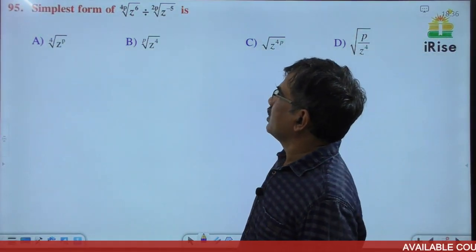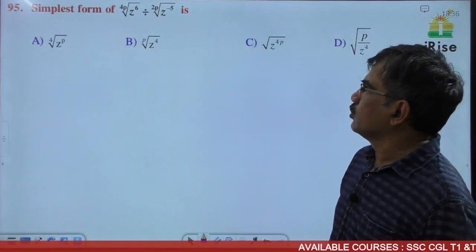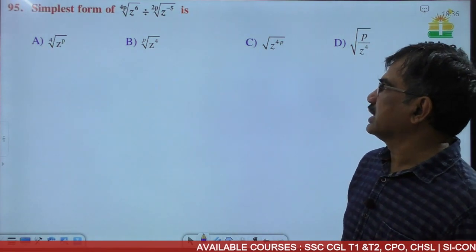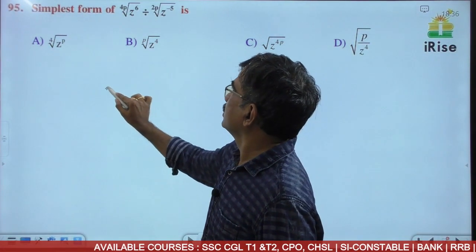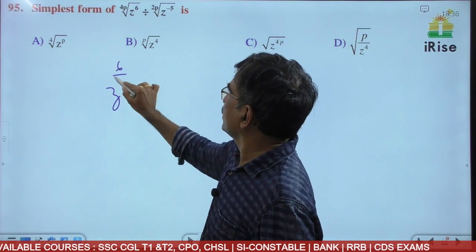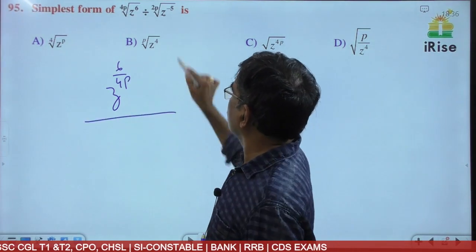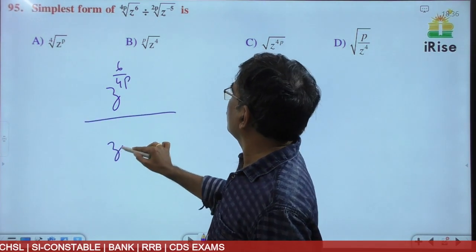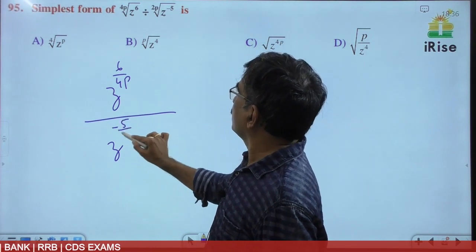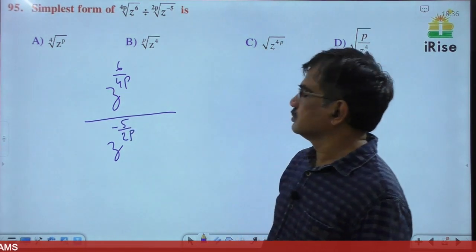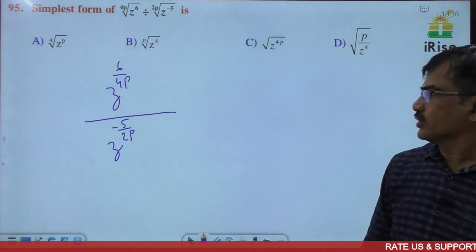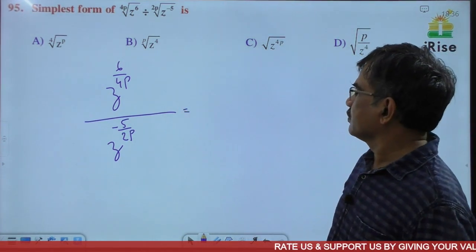What is the simplest form of 4pth root of z power 6 divided by the 2pth root of z power 5? The first term can be written as z power 6 by 4p divided by, second term can be written as z power minus 5 by 2p. So after simplification, what we get?